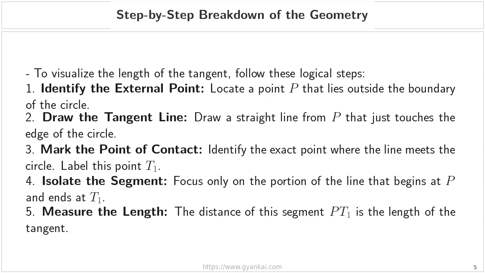Finally, measure the length. The numerical distance of this specific segment, which we denote as PT sub 1, is what we officially call the length of the tangent. If you can follow these steps, you'll be able to apply this concept to more complex problems, like the real-world example of the tethered cable that we are about to look at next.